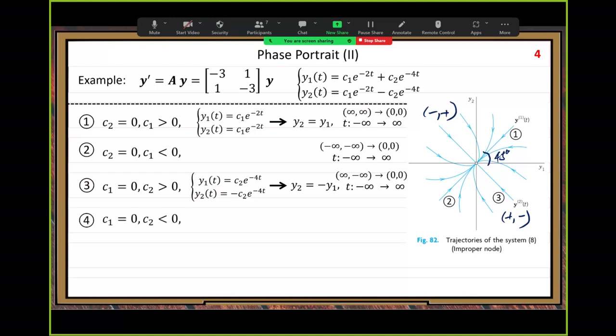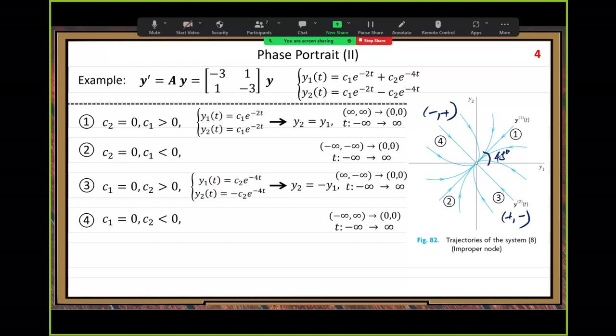Type 4: C2 negative. Same equation, but C2 negative. And we look at t changing from negative infinity to positive infinity. The exponential is positive, C2 is negative. So y1 is negative infinity, y2 is positive infinity: negative, positive, second quadrant. It changes from far left, down to the origin along this slant line.